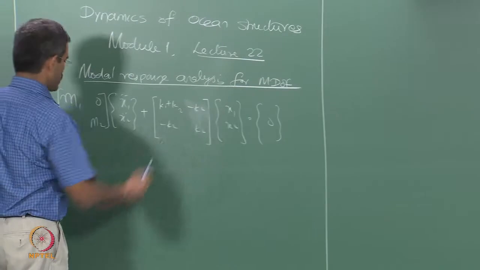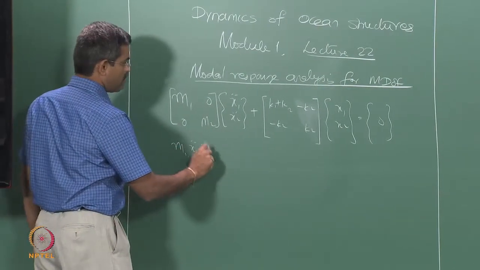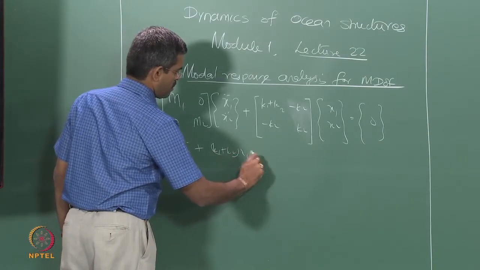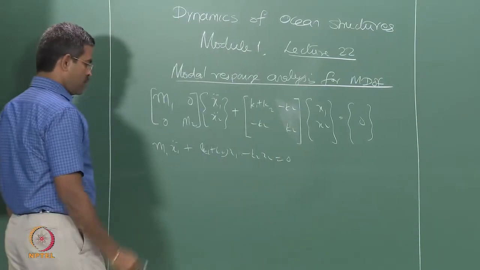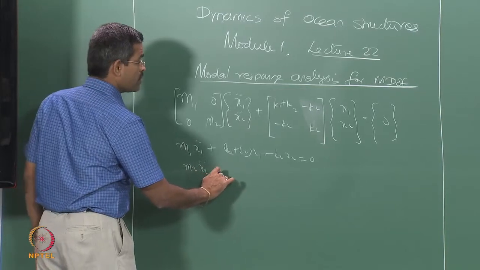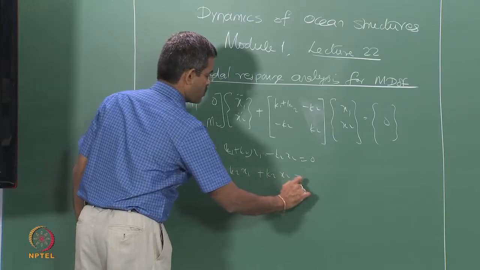If you expand this equation of motion, you will see that m1 x1 double dot plus (k1 plus k2) x1 minus k2 x2 will become 0. Similarly, the second equation will have m2 x2 double dot minus k2 x1 plus k2 x2 equal to 0.